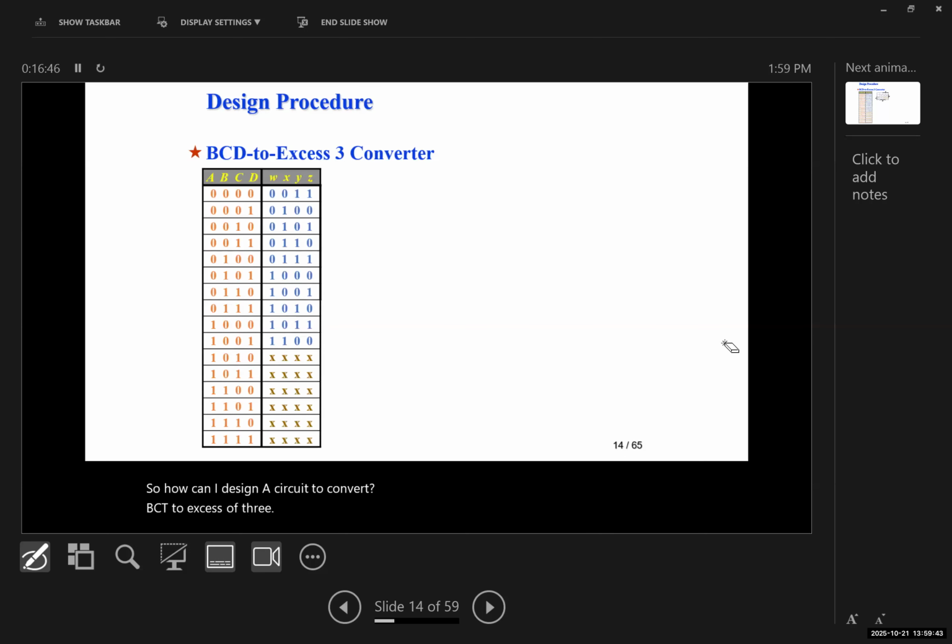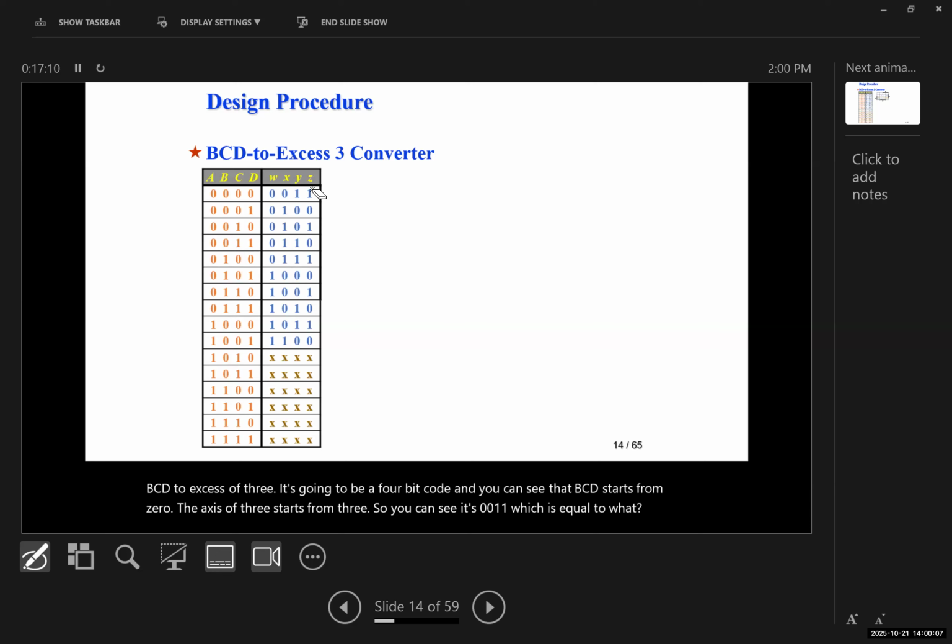For that, first, we need to have the truth table. The truth table for BCD to excess-3 is going to be a 4-bit code. You can see that BCD starts from 0, and excess-3 starts from 3. So it's 0011, which is equal to 3.